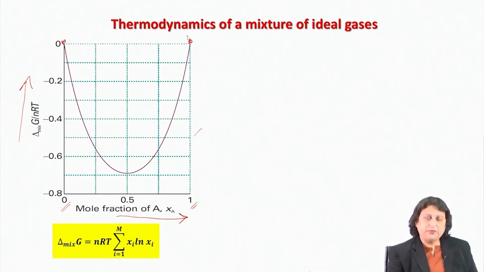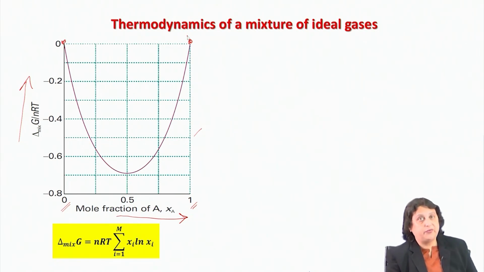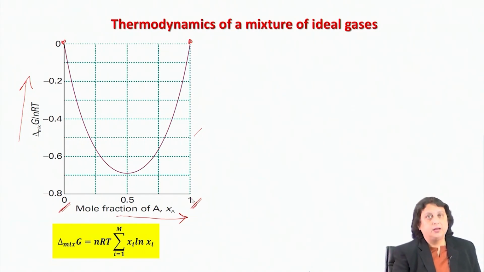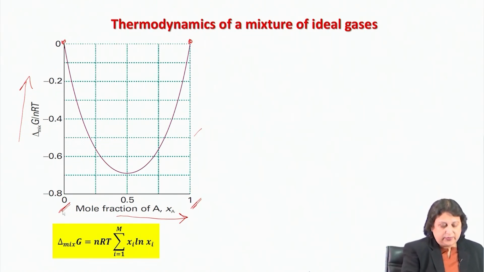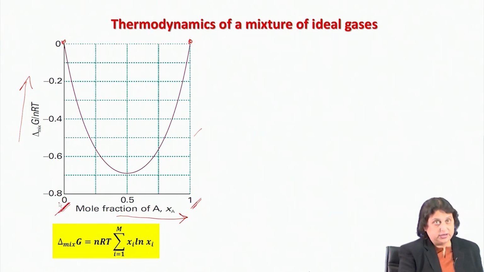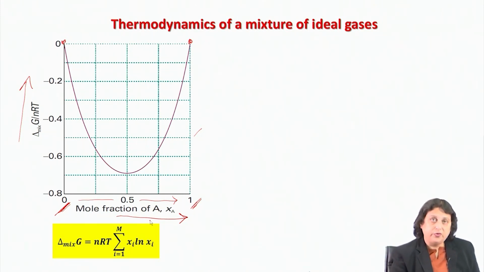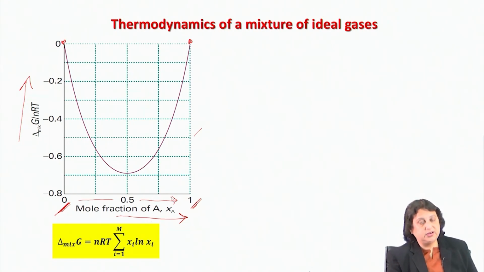Now, what happens in between? I can vary the mole fraction of A from 0 to 1. When the mole fraction of A is 0, it is the pure phase B, then I go on increasing the relative proportion of A, so that it goes from a very low mole fraction to a very high mole fraction as is given here.